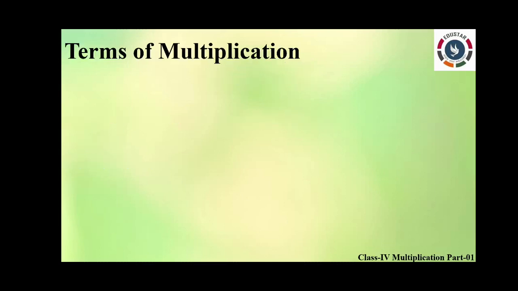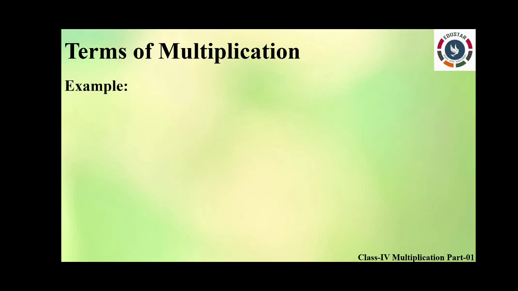Next, terms of multiplication. When we multiply two numbers, the first number is called multiplicand. The second number by which the multiplicand is multiplied is called the multiplier. The result of the multiplication is called product.